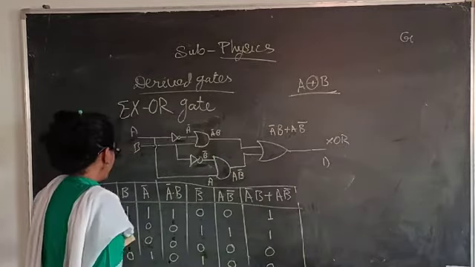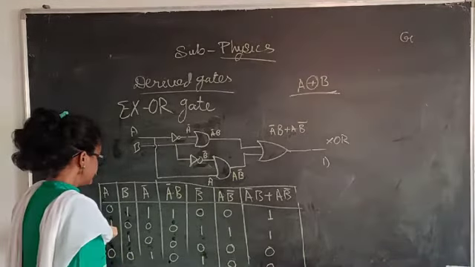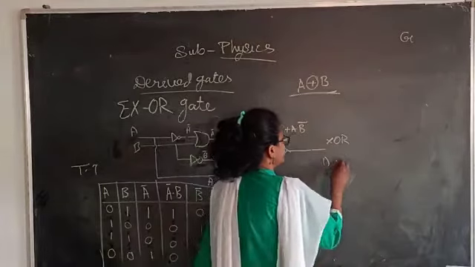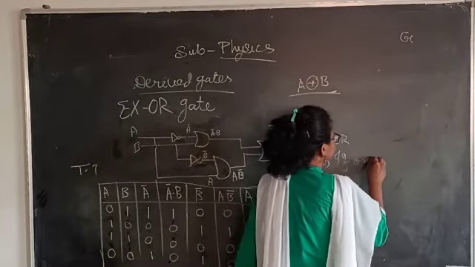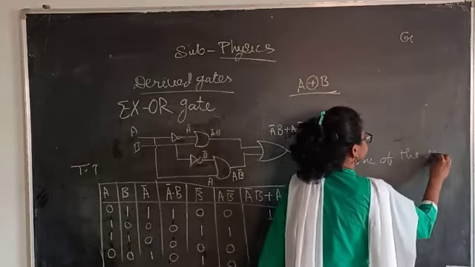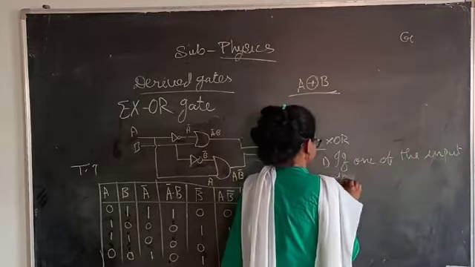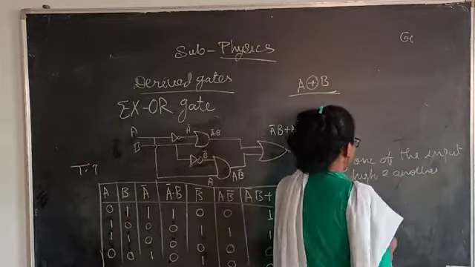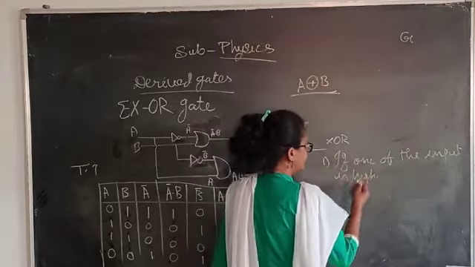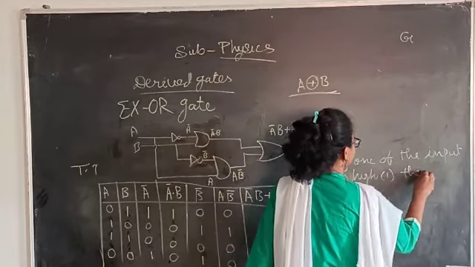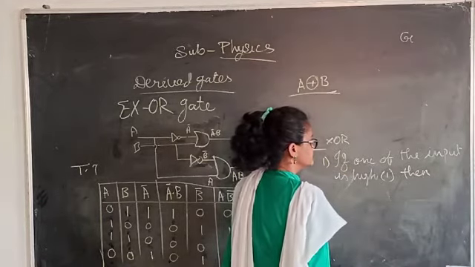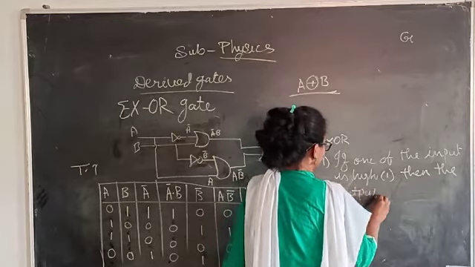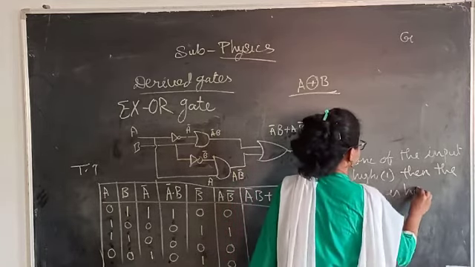First conclusion is, if one of the inputs is high, that is 1, and another is low, then the output is high.